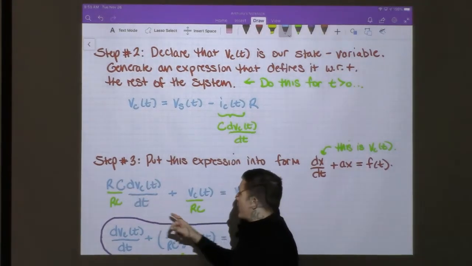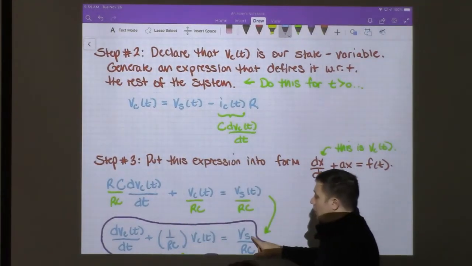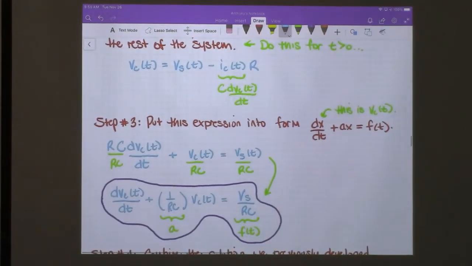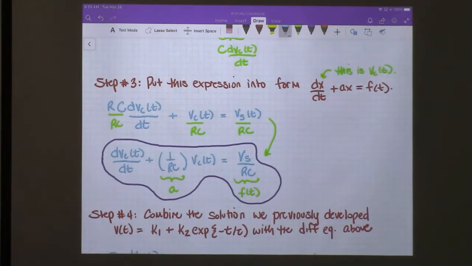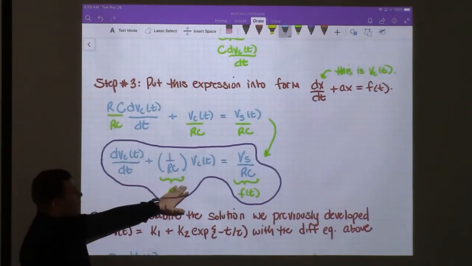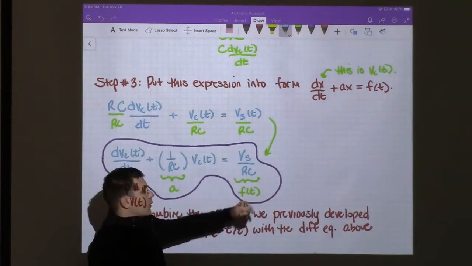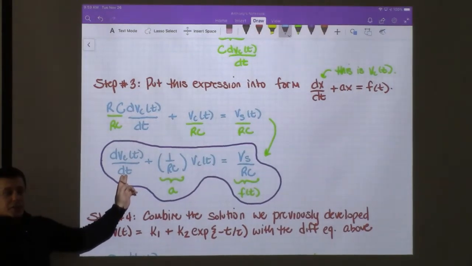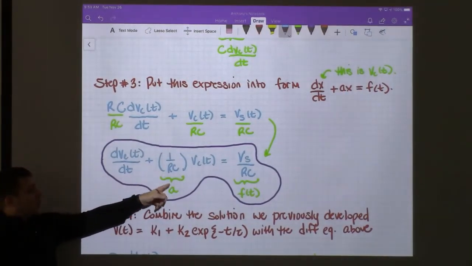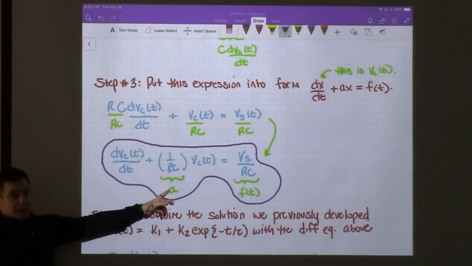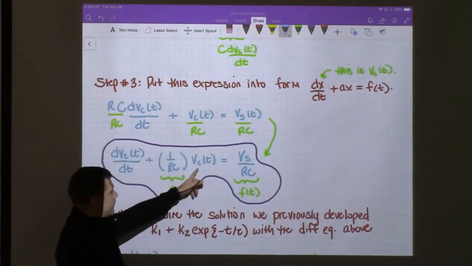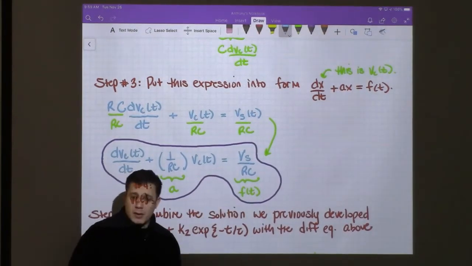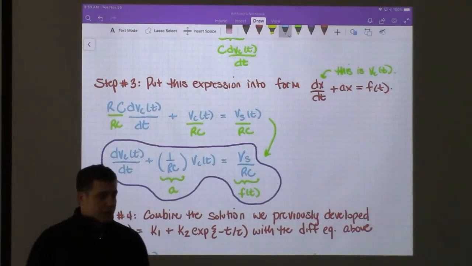If we divide all the different elements by RC, then what we'll end up with is dVc dt plus 1 over RC Vc equals Vs over RC. So no coefficient for the derivative. That's good. 1 over RC will take the place of the lowercase a coefficient, and Vs over RC is going to be our externally applied force f of t.